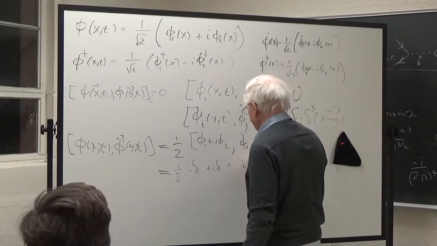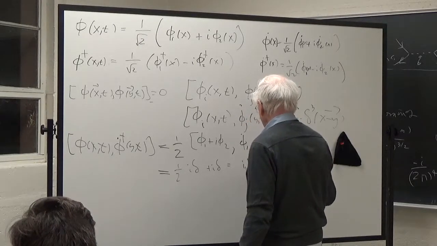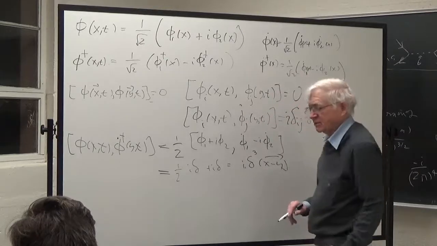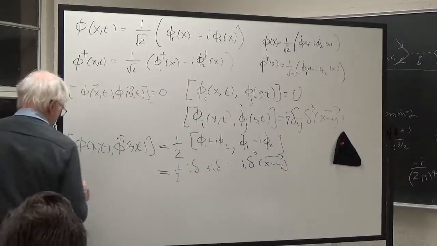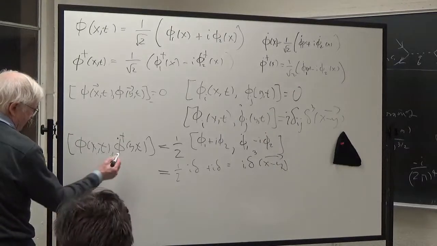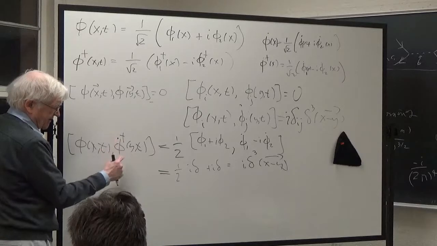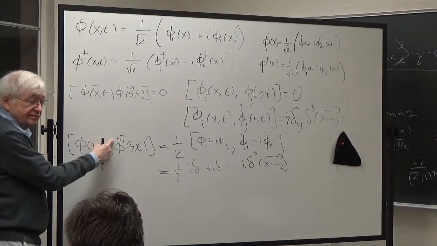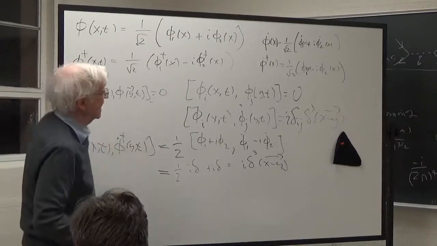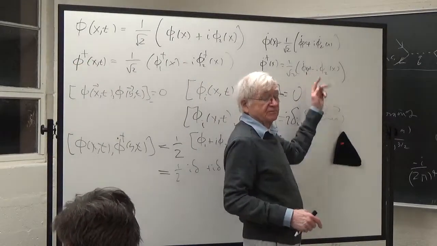So this gives us i delta cubed of x minus y. So the variable that's canonical to phi is not phi dagger or phi dot, it's phi dot dagger. And the reason why you need the dagger is you need to flip this sign here.